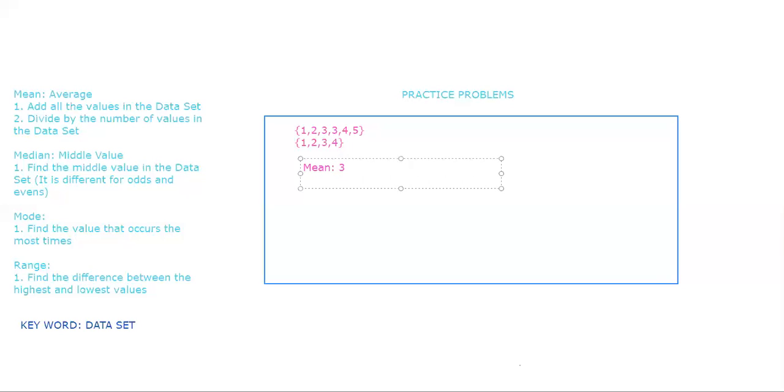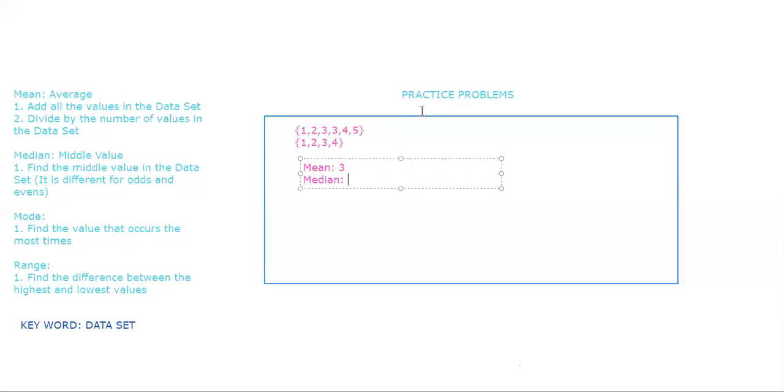Next, we have the median. For the median, you have to find the middle value in the dataset. And like I said, it is different for odds and evens. This dataset is even, so we have to find the mean of the two middle numbers, the 3 and the 3.